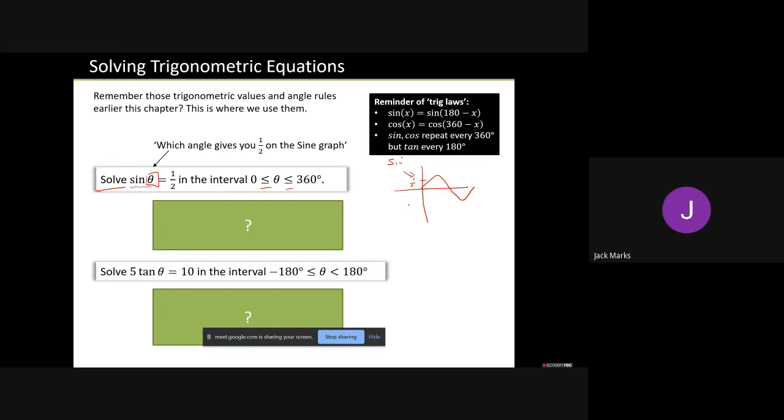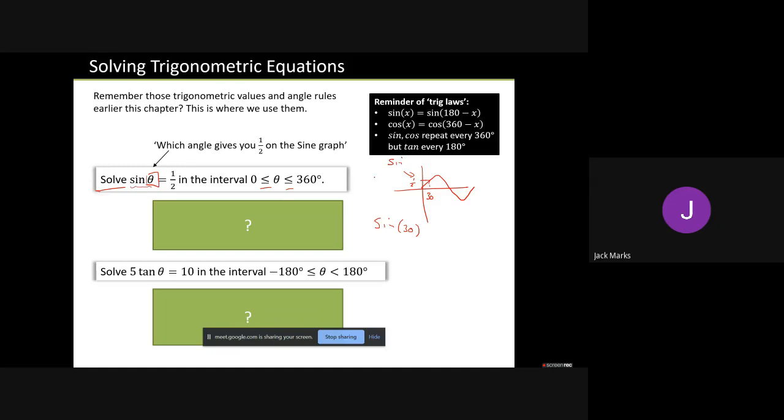Now, hopefully you know at least one answer for this, based on the previous videos. We said 30 degrees. If you do sine of 30, you'll get a half, and you can just check that for yourself if you like.